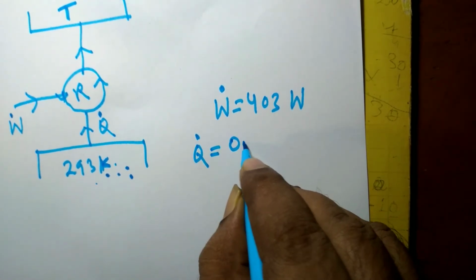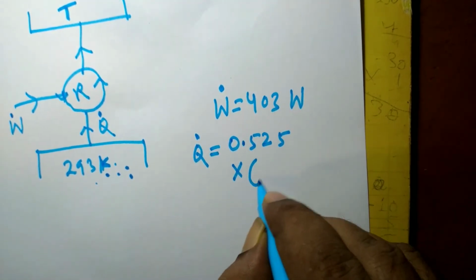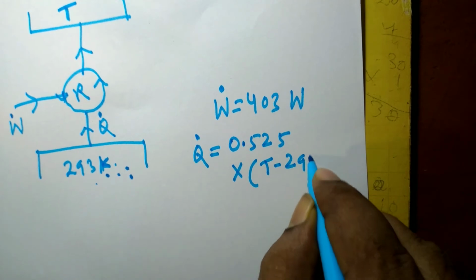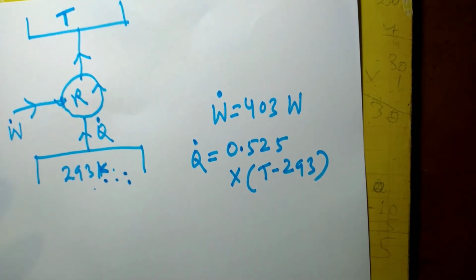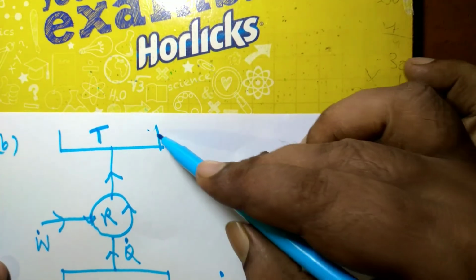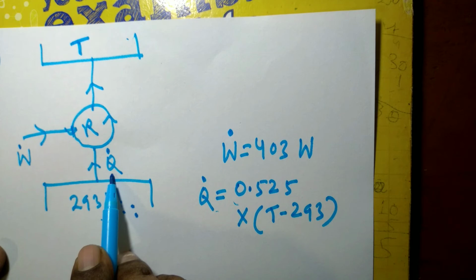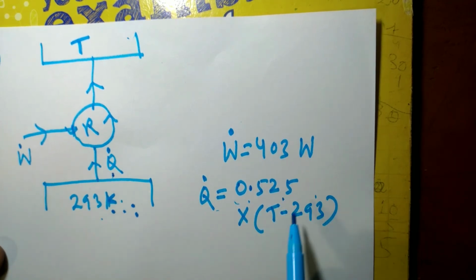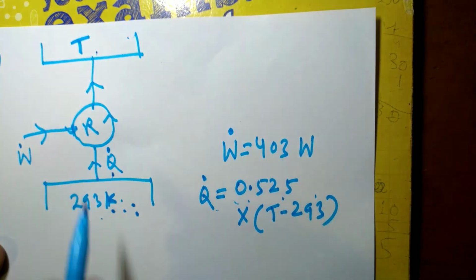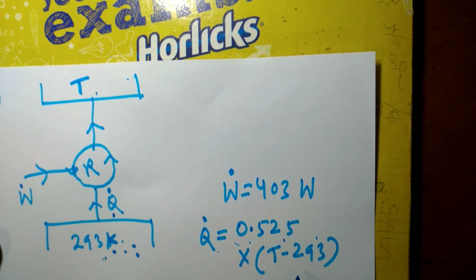So that is 0.525 multiplied by T minus 293, because here in this case T is to be found out. W dot is given, this temperature T is to be found out, and rate of heat loss, this Q dot is equal to 0.525 multiplied by the difference of T and 293 per degree temperature difference.